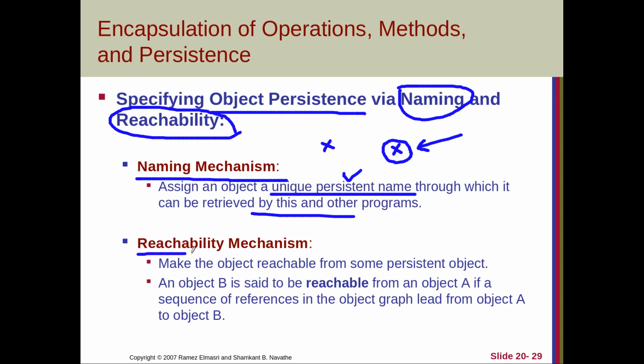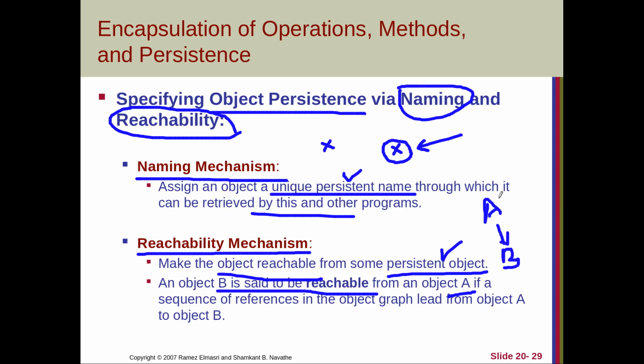But the second mechanism is called the reachability mechanism, where an object is reachable from some persistent object. That means it is not always possible to keep all the objects as persistent objects. Some of the objects are kept as persistent or permanent objects, and other objects can be reachable through the support of some persistent object. That means an object B is said to be reachable from an object A if a sequence of references in the object graph leads from object A to object B. So A is there, B is here.